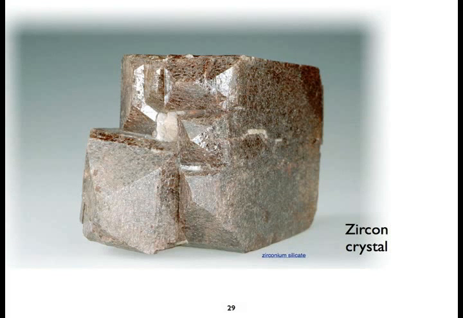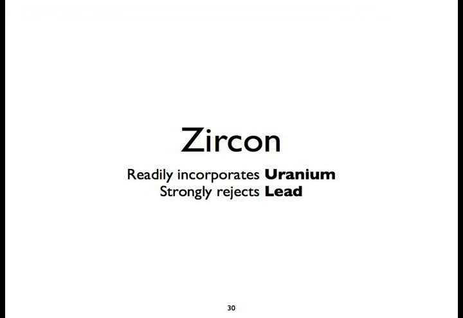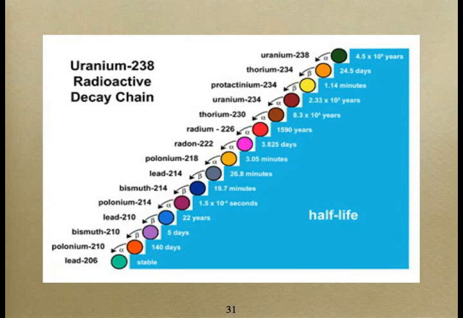So here's a zircon crystal, and the thing about zircon that is really cool is that in this crystal structure, it readily incorporates uranium and strongly rejects lead. But then once that crystal is formed, uranium is well known to be a radioactive substance, and it starts to decay.